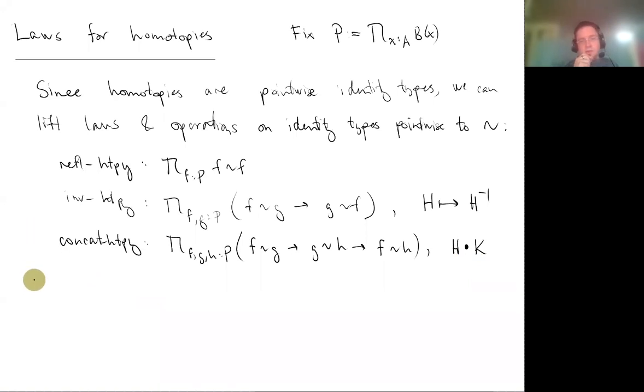And then there are laws. So for instance, we can give a witness that this is associative.